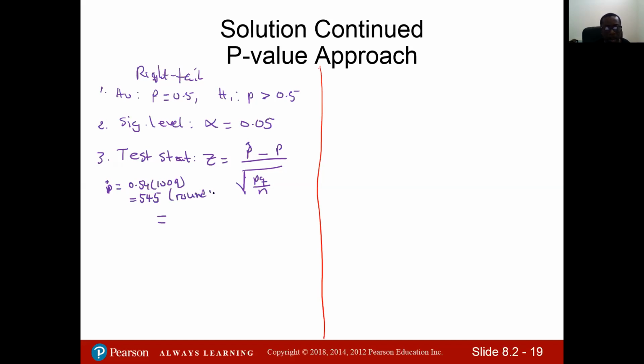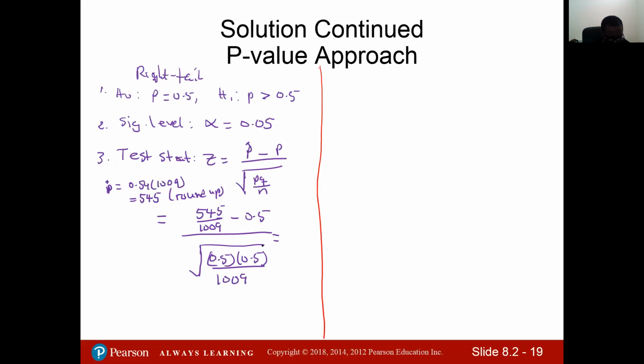And so we're going to write this as 545 divided by 1009 minus P, which is the test value under the null hypothesis, 0.5. Then we divide this by the square root of, P is 0.5, Q is 1 minus 0.5, which is also 0.5, divided by 1009.